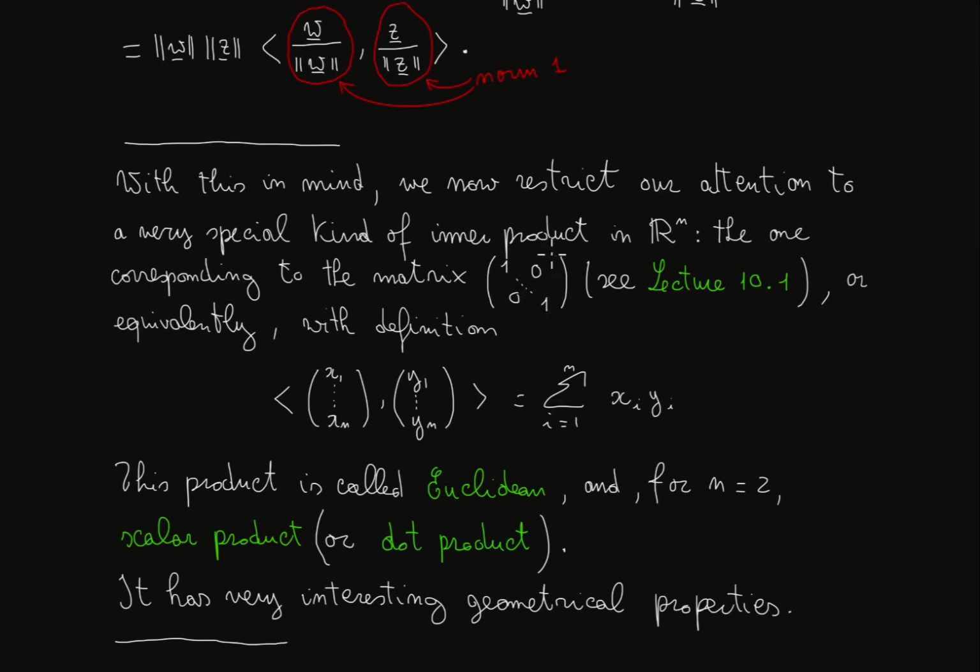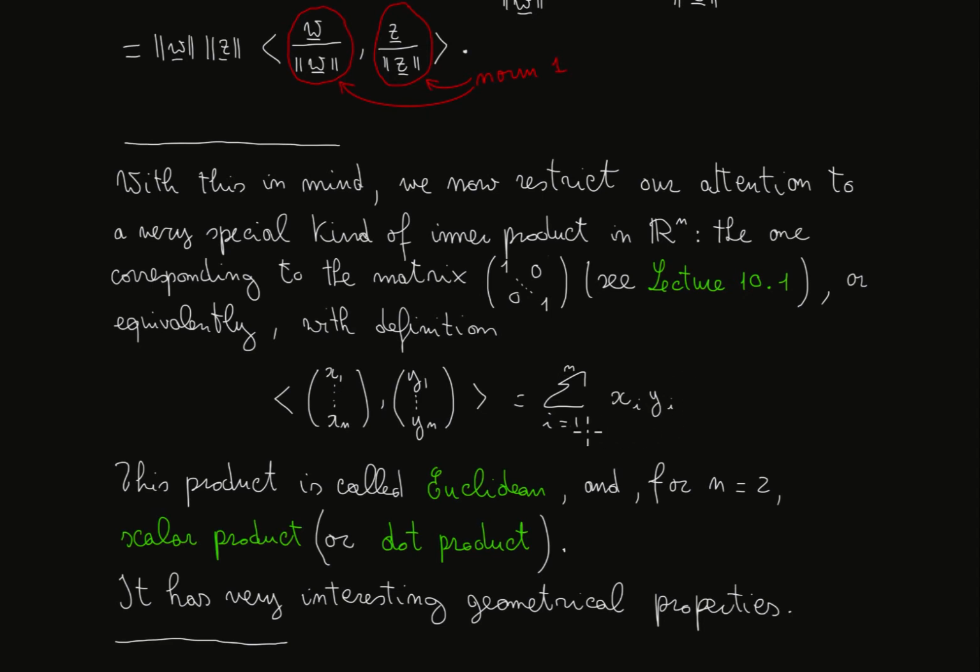In this case, we are considering the inner product corresponding to the identity matrix in Rn. Equivalently, this inner product can be defined as the one acting on two column vectors, x1 through xn and y1 through yn, by the following formula: the sum of xi times yi for i going from 1 to n.